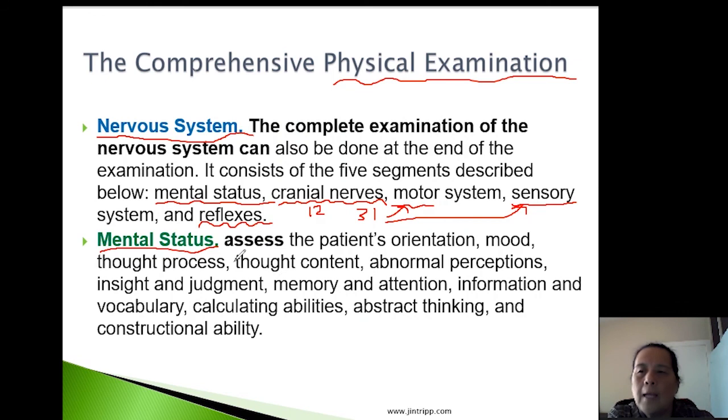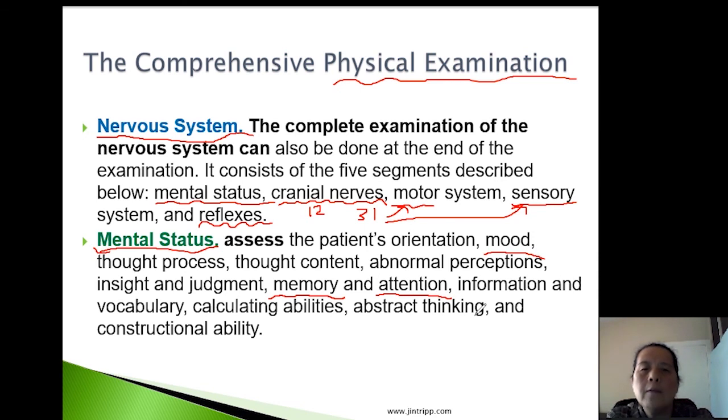And then we check the mental status. The mental status is generally the mood, and also from the talking, like the patient answering the questions, and also the memory or attention, like focusing on the questions, so the patient can answer properly.